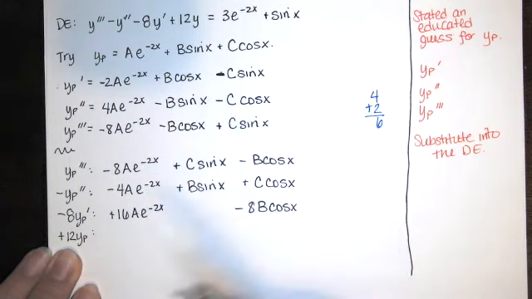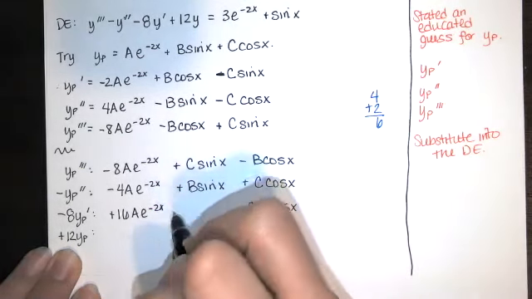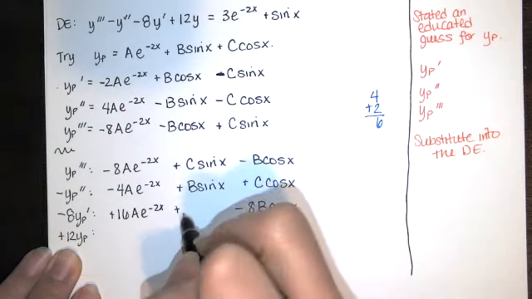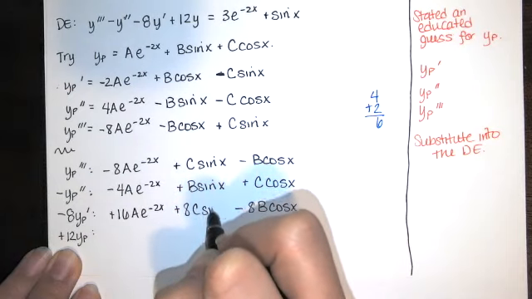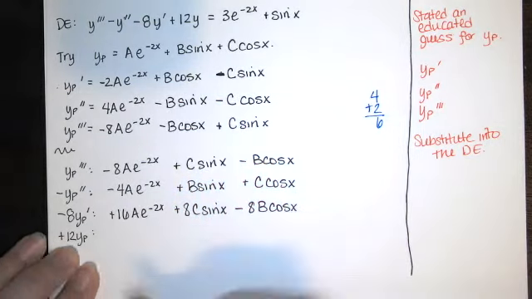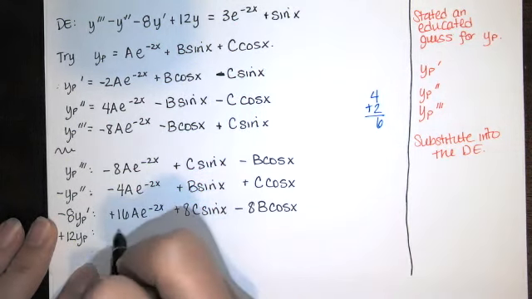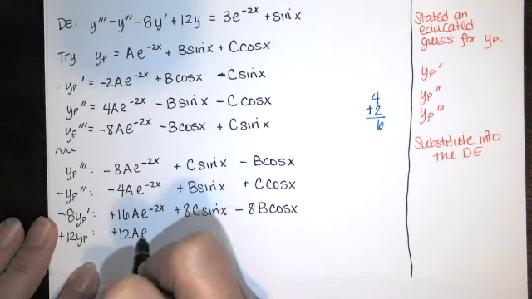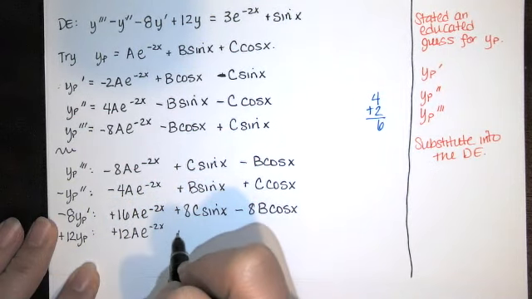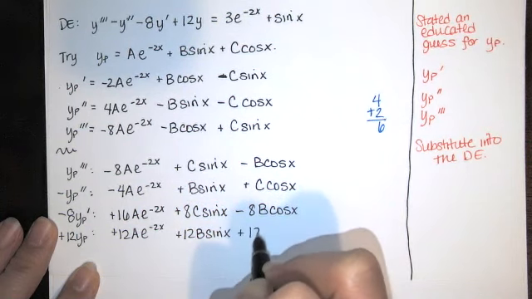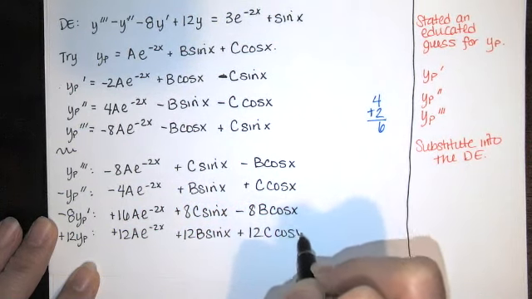A -8 times a -c is a positive 8c. Yep, that's times sine of x. Okay, and then we want 12 of y sub p, and y sub p is right there. So I've got 12a times my exponential, 12b times the sine of x, plus 12c times cosine of x.